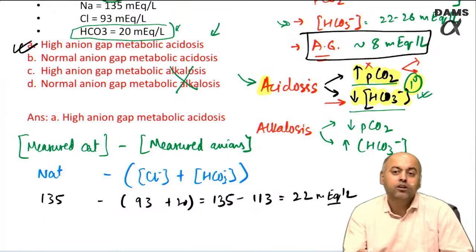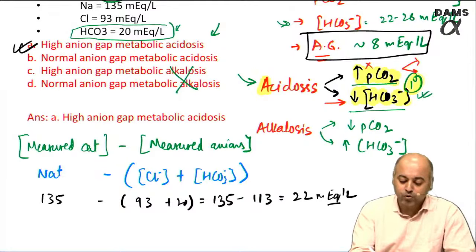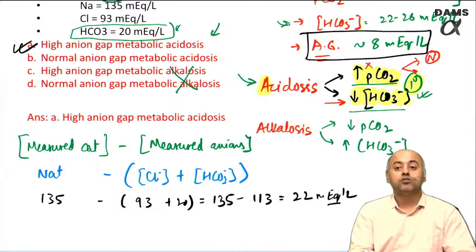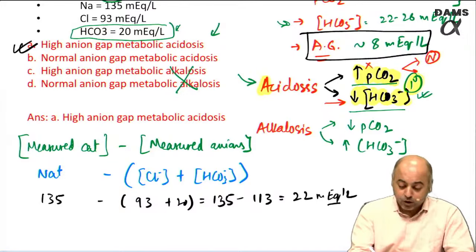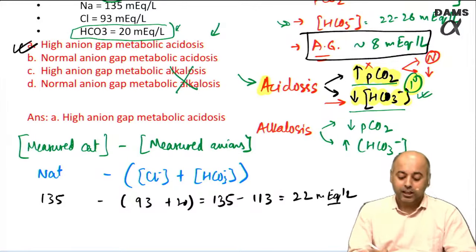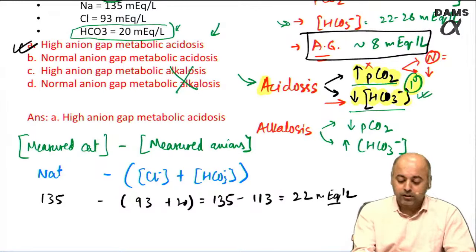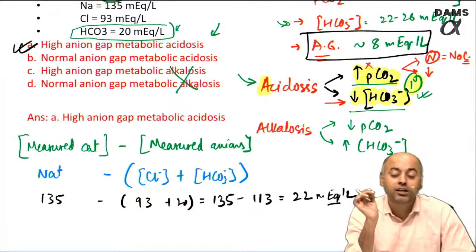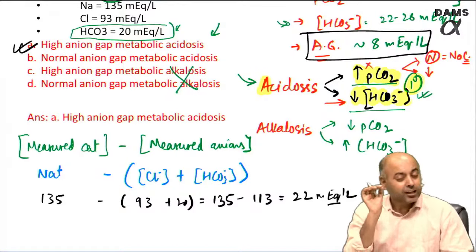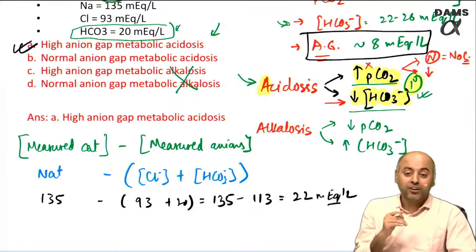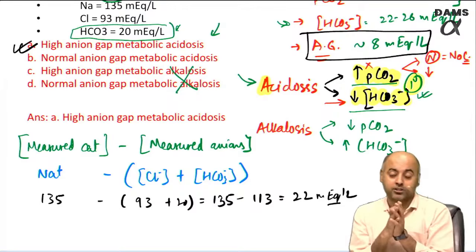So PCO2 is not increased. Then there can be two possibilities. One, it is normal. Second, it is going in the opposite direction. We expected it to be high, but it is low. If it is normal, then there is no compensation. So in acute cases there will be no compensation, and the value of the second parameter will be in the normal range.